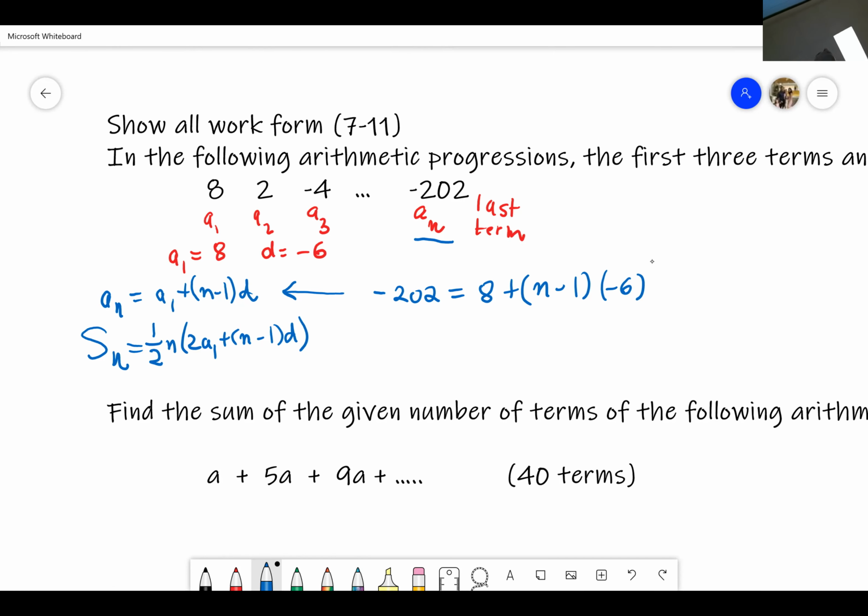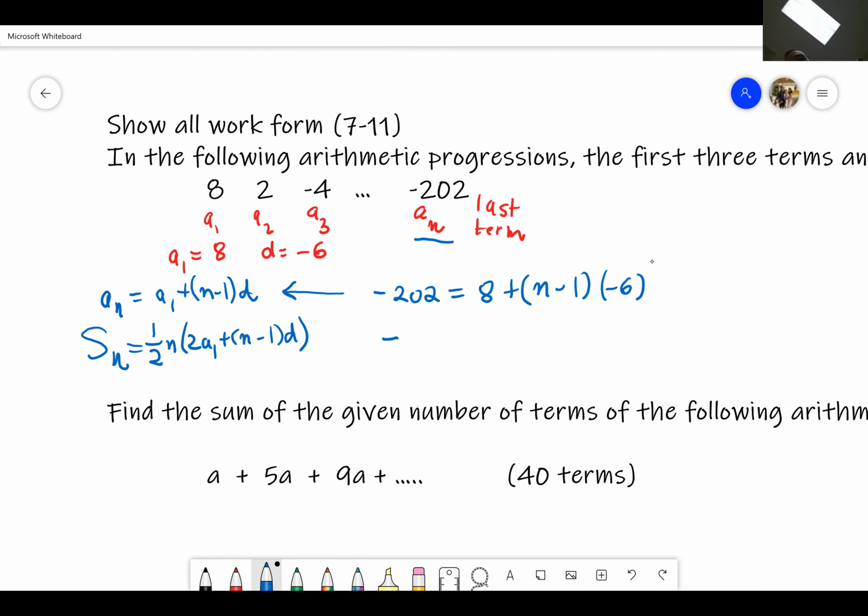Because we know that if I put in -4 and solve for n, it'll give me 3. But we already knew -4 is the third term, right?